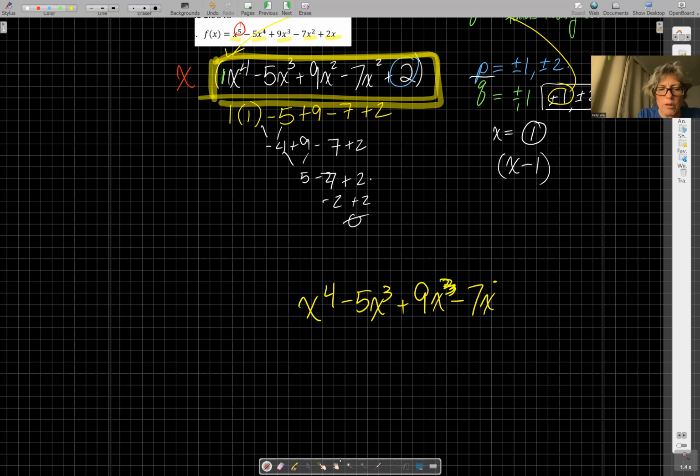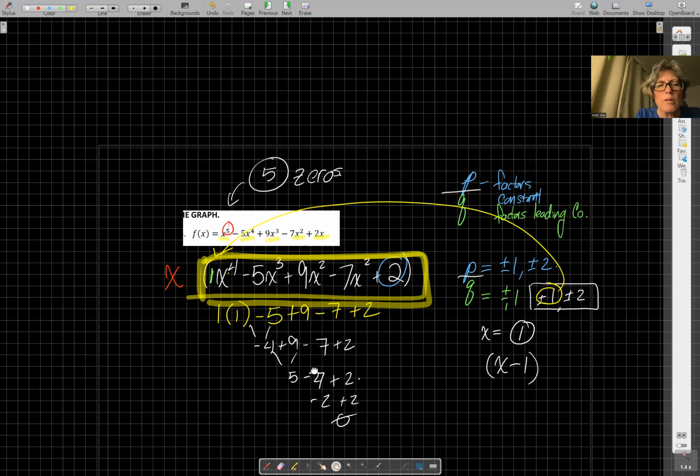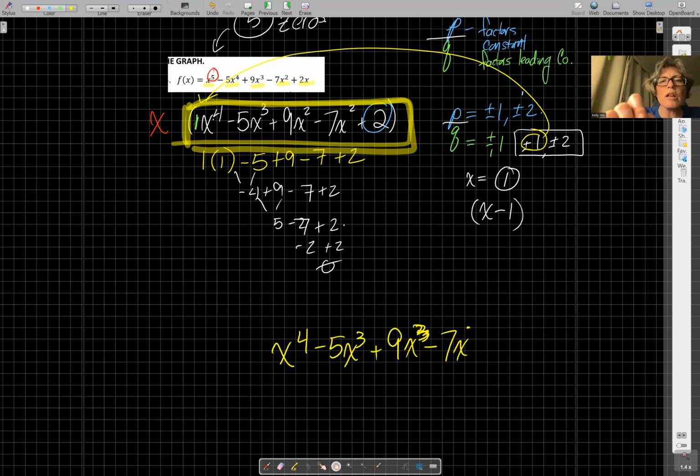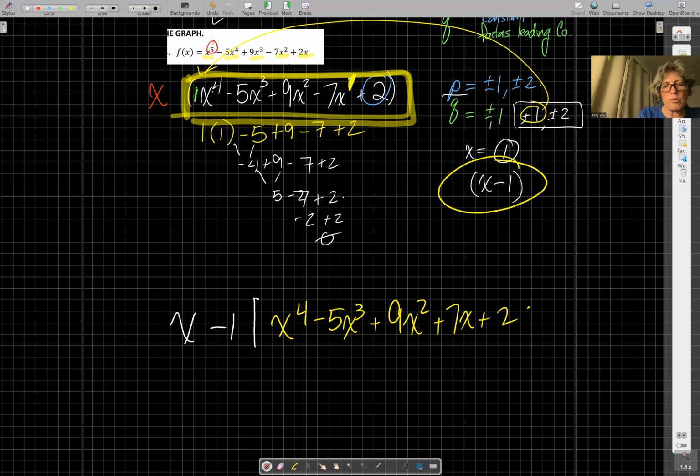Taking a look up here, no, it's x to the 2nd. It's 7x to the 1st. That's where I dropped the ball. It's to the 1st. And plus 9x to the 2nd plus 7x plus 2. And we are going to divide that by the root x minus 1.